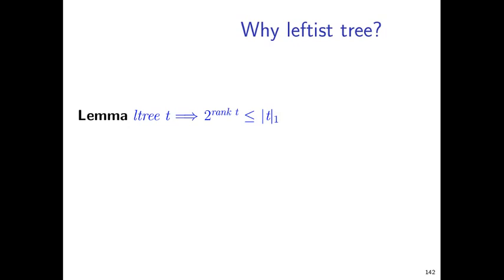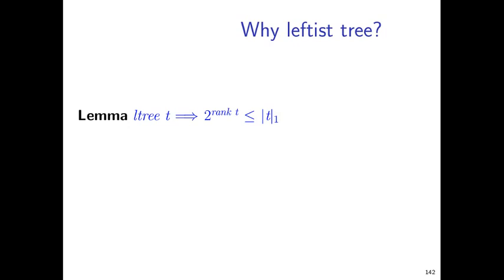Now we can apply the induction hypothesis, which gives us an estimate for left plus 1 and right plus 1. So we get 2 to the power of rank left plus 2 to the power of rank right. That's the induction hypothesis for left and right.